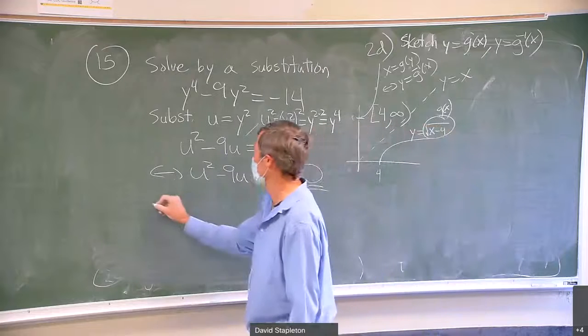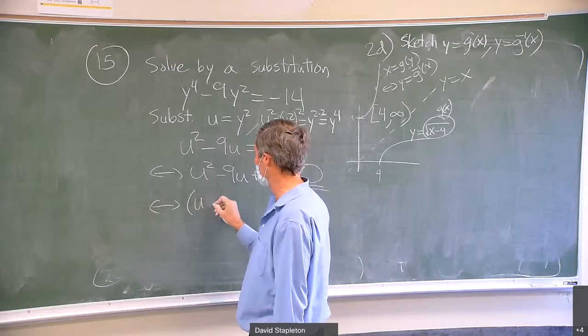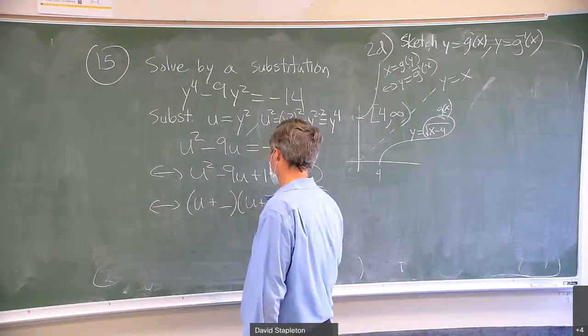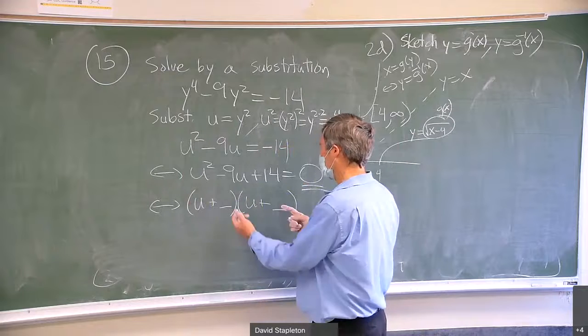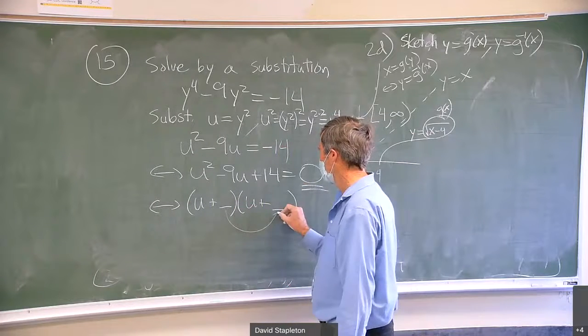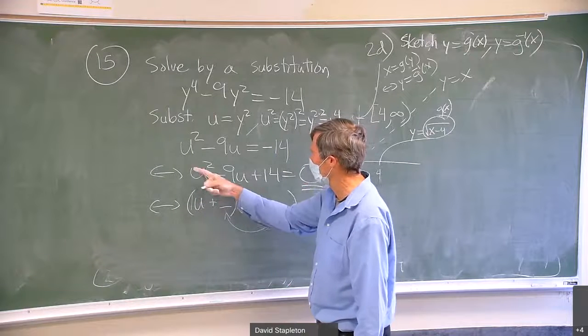I notice on this one that if I try factoring, since it's just u squared, I have u plus blank, u plus blank, right? The coefficients of u are 1, so the product is 1 here. I just have to figure out what goes in the blanks. So it has to be 1u and 1u to get the leading coefficient 1.